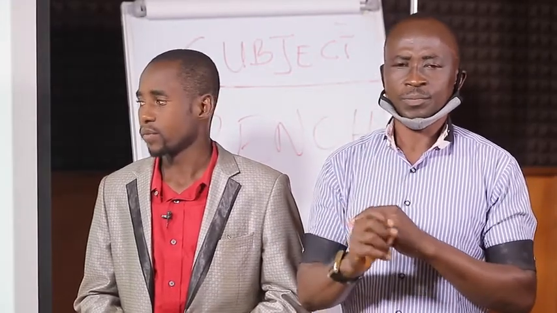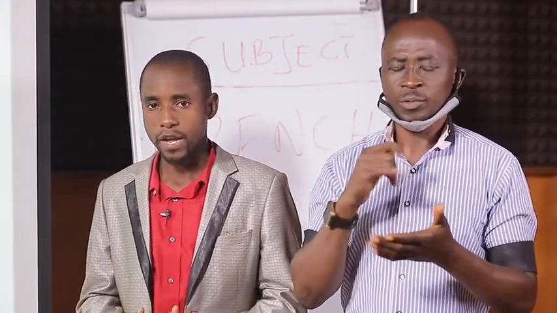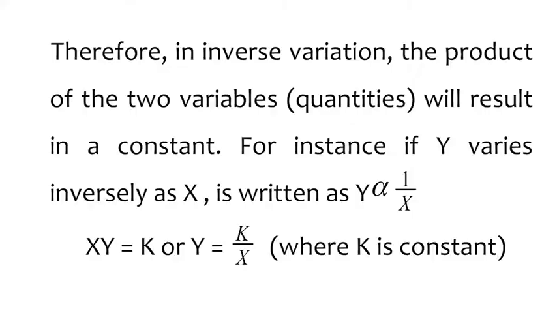Initially, I said the product of the two variables, here our variables are x and y, will result in a constant k. Therefore, the product of x and y is equal to k. Or, making y the subject of the formula, this equation can be expressed as y equals k over x, where k is a constant.